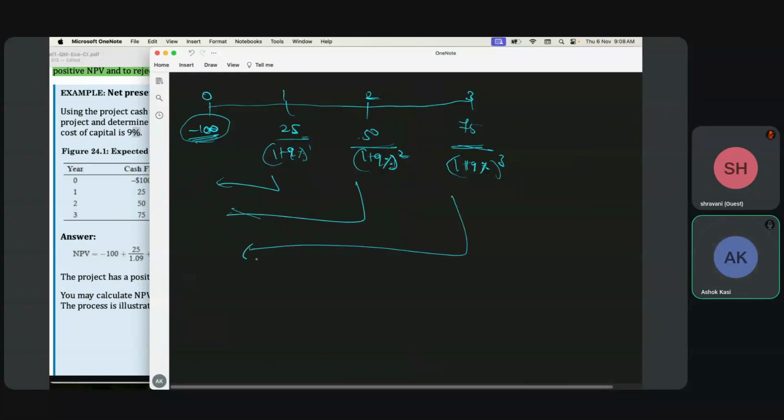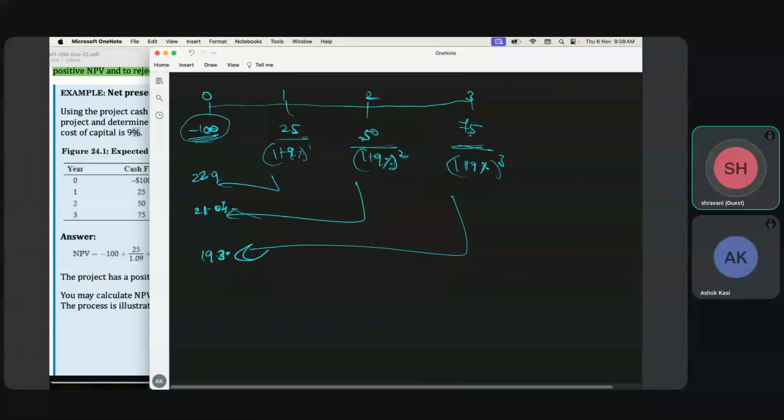Just calculate all this. First one, how much? Second one? 21.04.